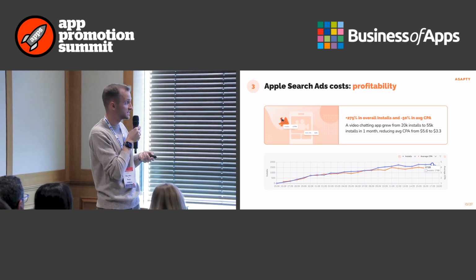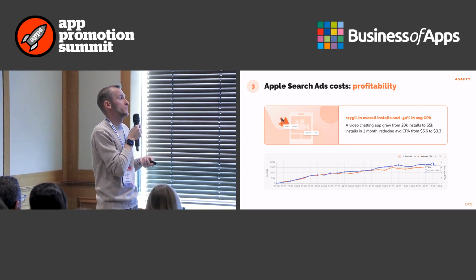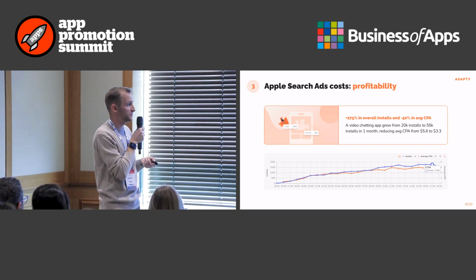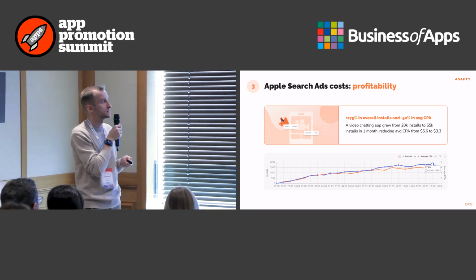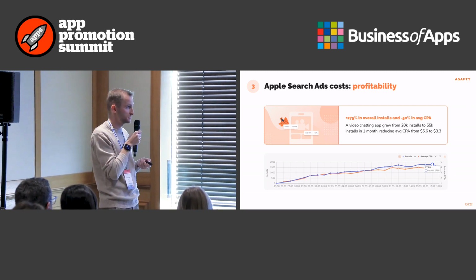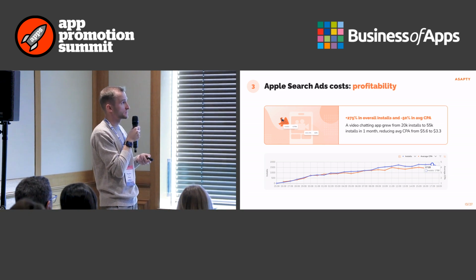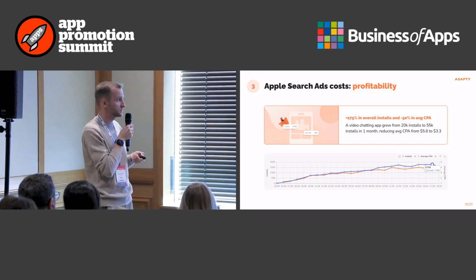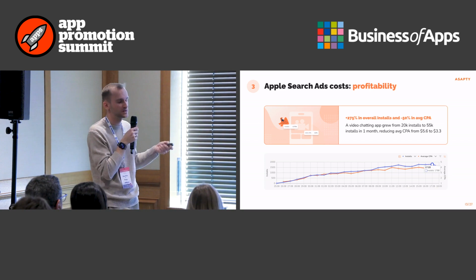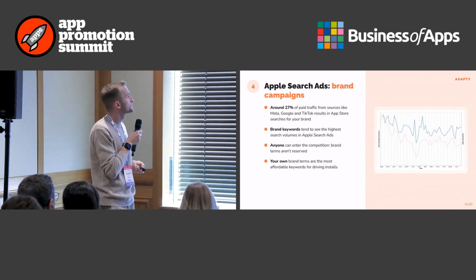In 1 month, we made 55,000 installs for them, and the cost per install was 3.3. So we tripled the amount of installs and decreased the cost per install by half.